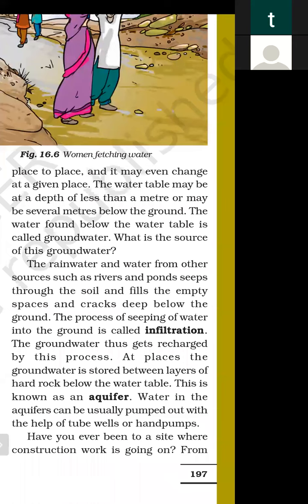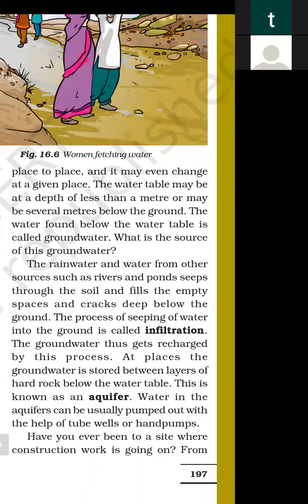Water in the aquifer can usually be pumped out with the help of tube wells and hand pumps. So we dig a well and put some pipe and motor into that well, which is known as a tube well or hand pump, or nowadays tube wells are replaced by submersibles.